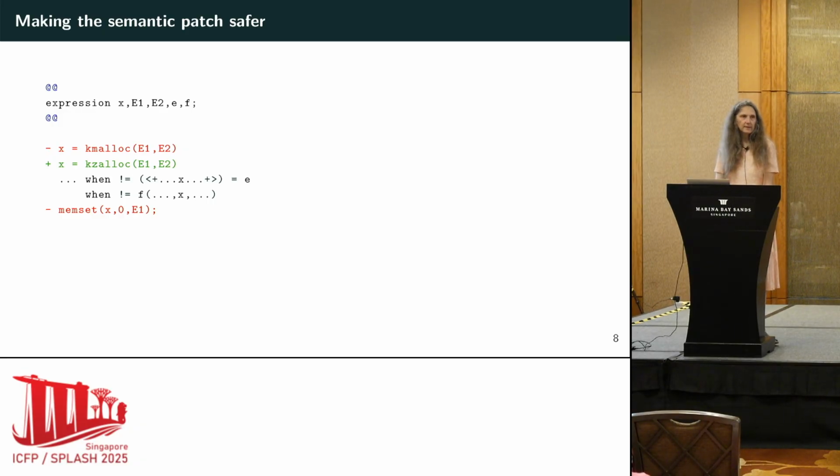So you can say some things that should not occur on that path. And so what we have here is a somewhat complex means of saying this is an assignment, any kind of assignment with x on the left-hand side. X is the metavariable that we're using for the result of kmalloc. If you have some assignment that involves x, then that's going to be risky. We don't want to do that.